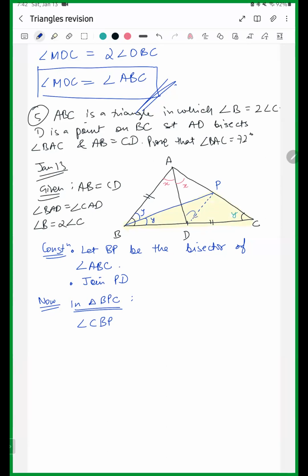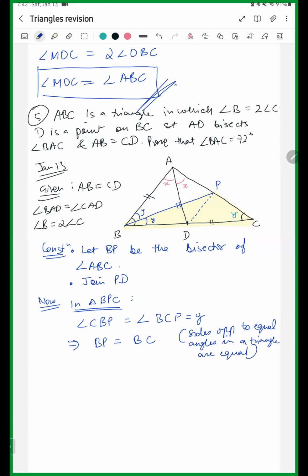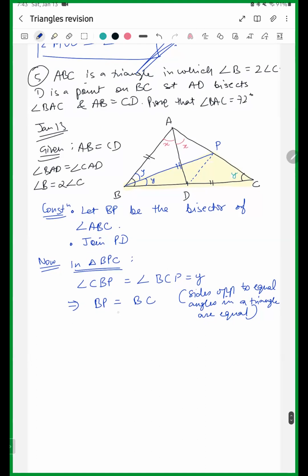So angle CBP is equal to angle BCP, equal to Y. That means these two sides, BP and BC, will be equal to each other, because sides opposite to equal angles in a triangle are equal. So this is one thing.